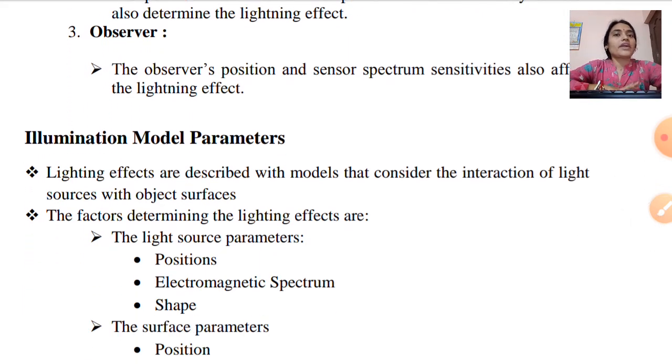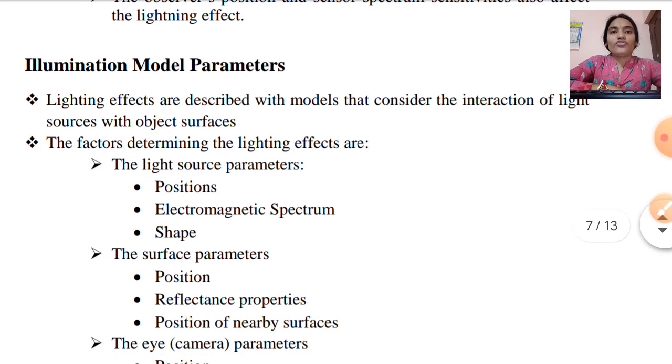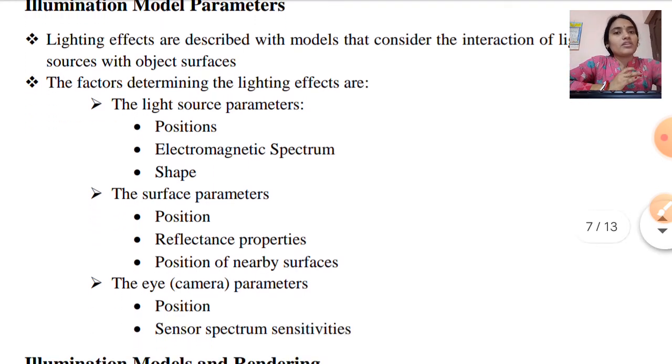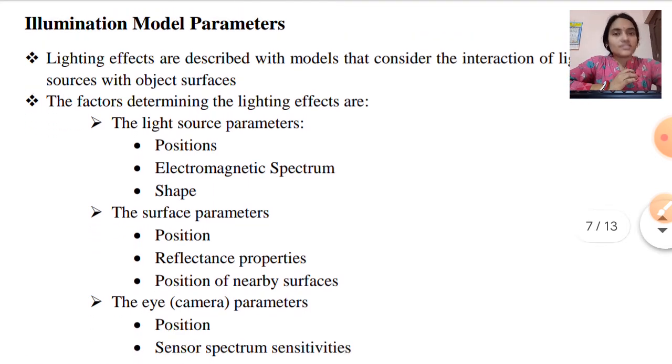Lighting effects are described with models that consider the interaction of light sources with object surfaces. The factors determining the lighting effects are the light source parameter, the surface parameter, and the eye parameter or camera parameter.